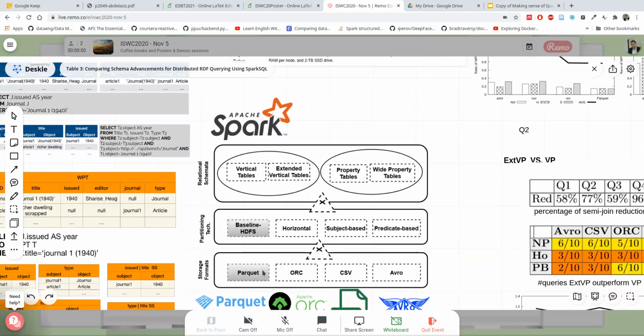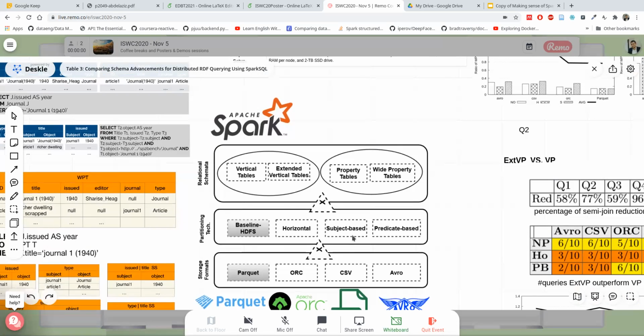In particular, we use the following partitioning techniques. First, horizontal partitioning, which divides data into horizontal chunks over n machines in the cluster. On the other side, we used subject and predicate partitioning, which distribute triples across various partitions according to the hash value computed for the subject and predicate respectively.